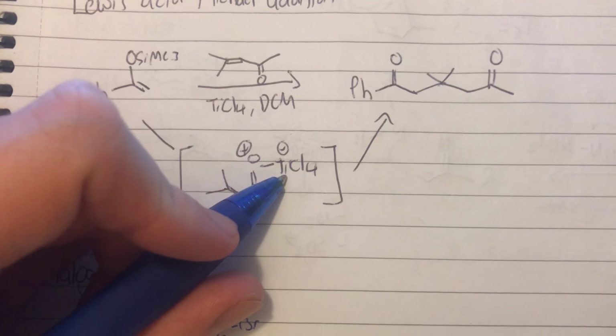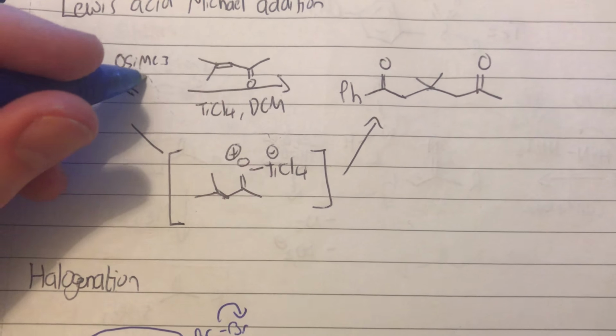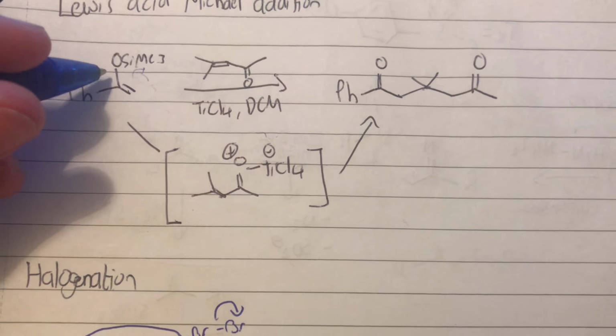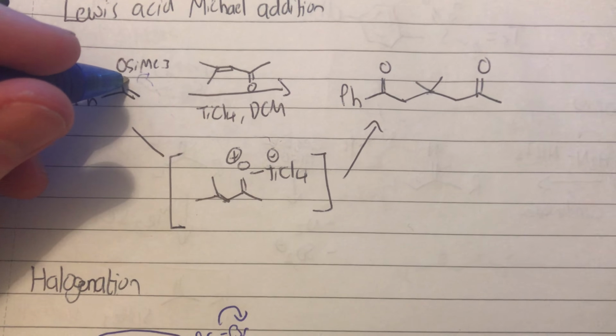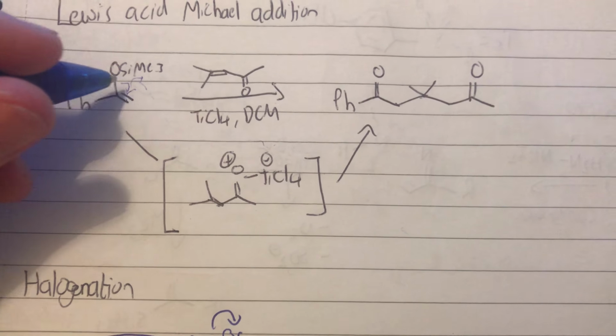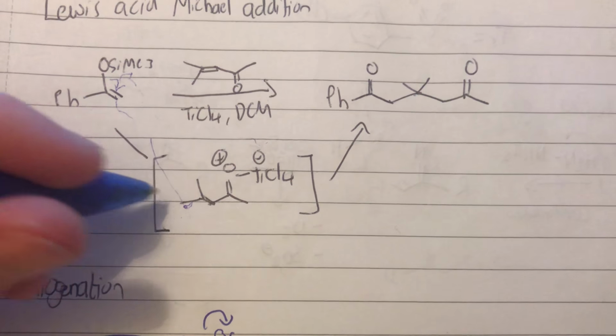So we've got the minus charge here, and the minus charge can then go and attack this silicon. And then that can move down to the double bond. The double bond can then attack one of the protons on here.